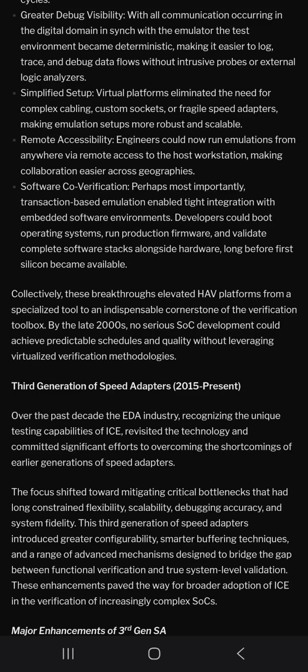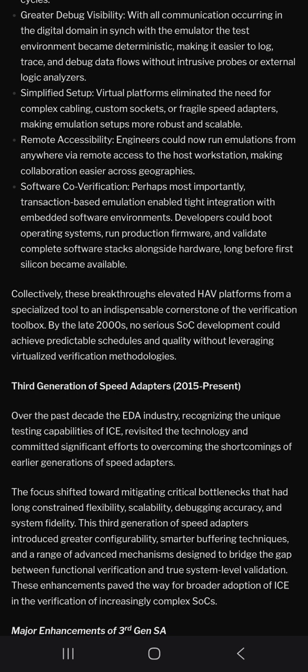Collectively, these breakthroughs elevated the HAV platform from a specialized tool to an indispensable cornerstone of the verification toolbox. By the late 2000s, no serious SoC development could achieve predictable schedules and quality without leveraging virtualization verification methodologies.